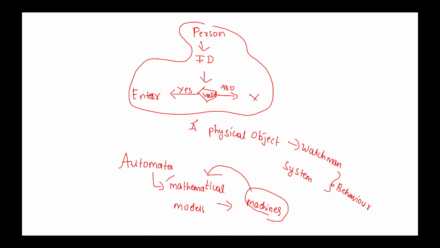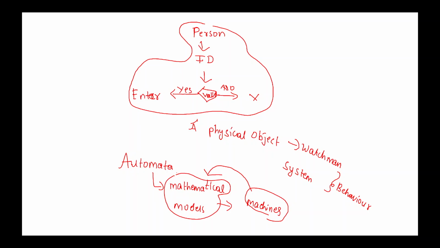These mathematical models are used to solve problems, and to know whether a problem is solvable or not based on some set of rules. So if I say it as a definition, an automata is an abstract mathematical model that will read an input and decide whether to accept or reject according to some specified rules.